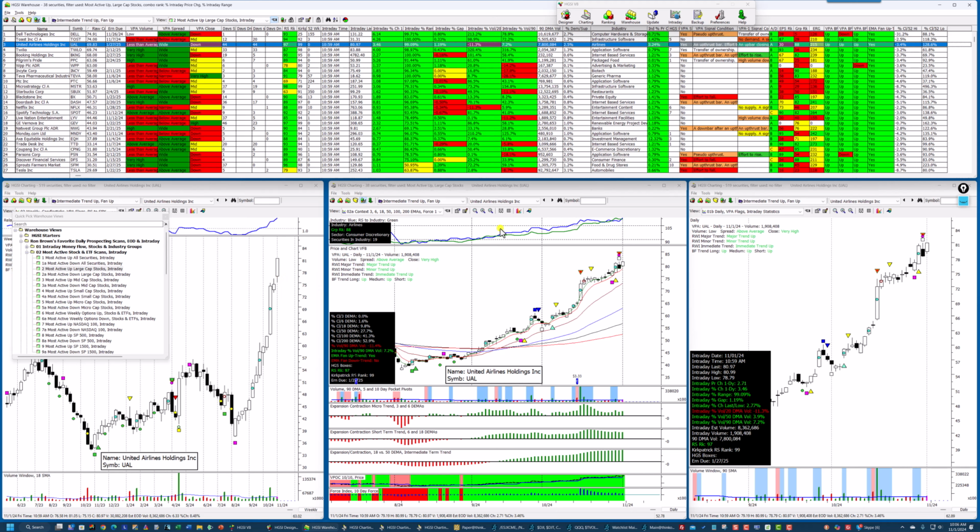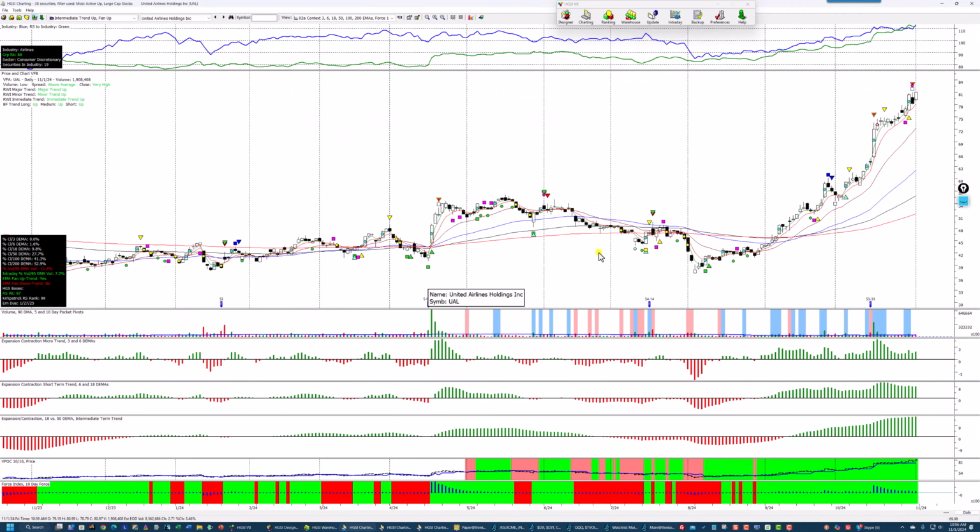I'm going to make this full screen, and I'm going to bring an arrow up, and I want to point out that with United Airlines, the 3 and the 6 went positive here, and then it had a little pullback. Then it went positive here. The 6 and the 18 went positive here. And the 18 versus the 50 went positive right here.